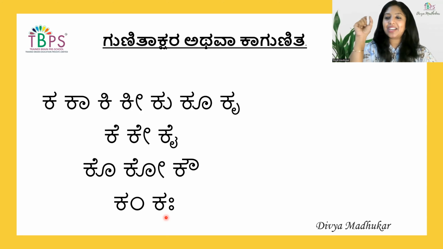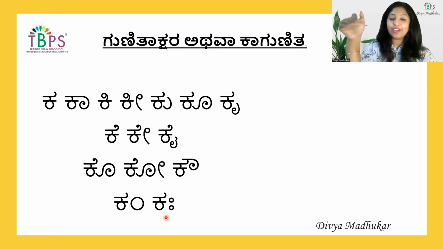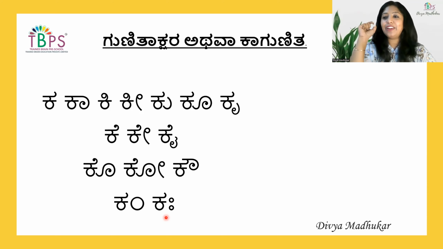If I give Ka, it is Ka, Kaa, Ki, Kii, Ku, Kuu, Kru, Ke, Kee, Kai, Ko, Koo, Kau, Kam, Kaha. Now, if we give another vyanjana, say Cha: Cha, Chaa, Chi, Chii, Chu, Chuu, Chru, Che, Chee, Chai, Cho, Choo, Chau, Cham, Chaha. Now, what if I give La?